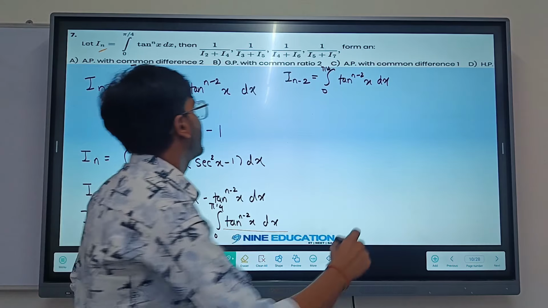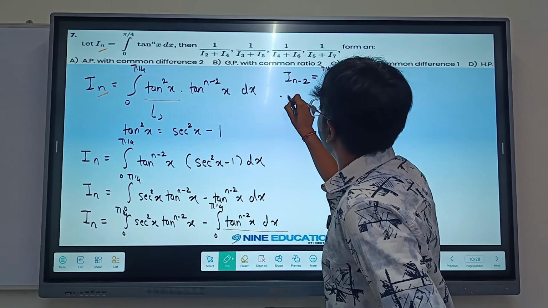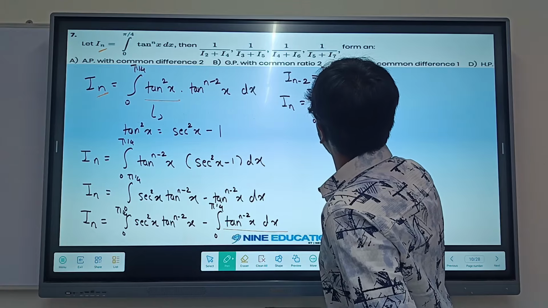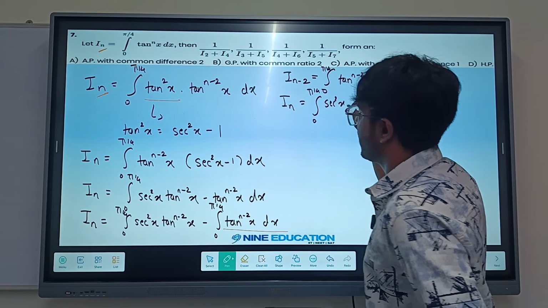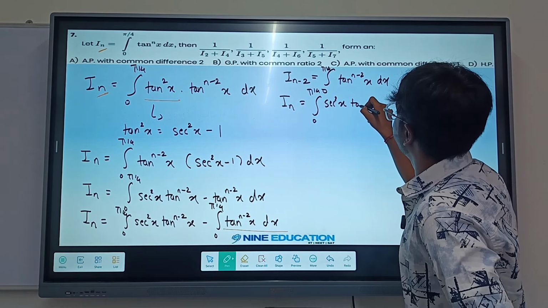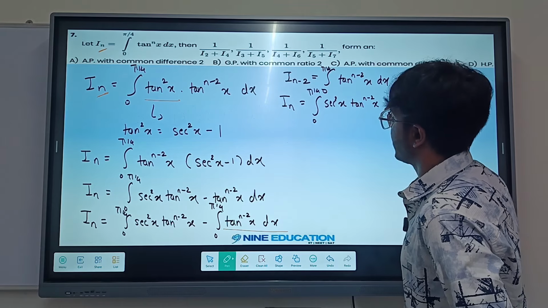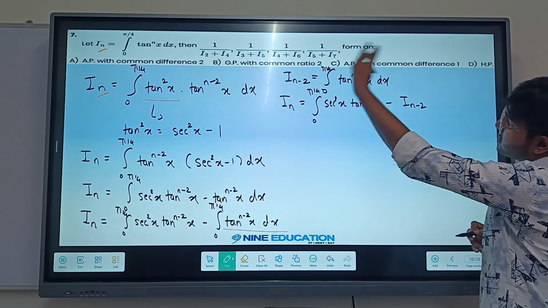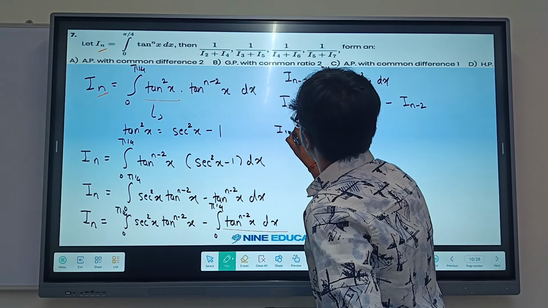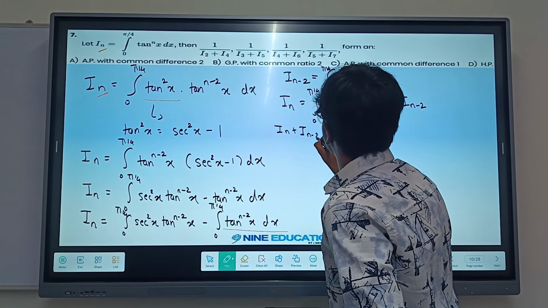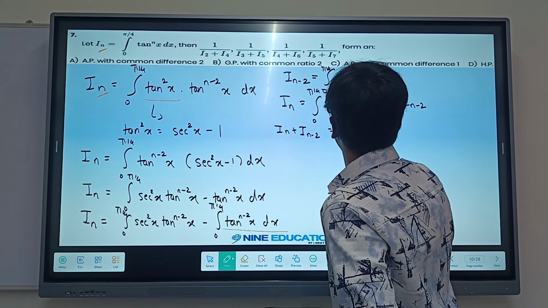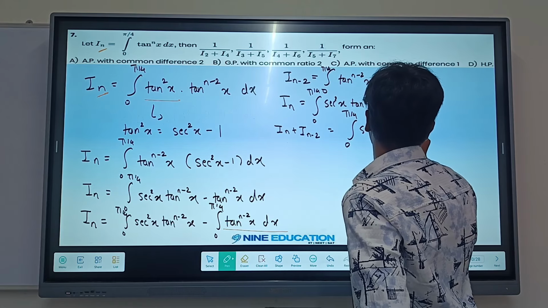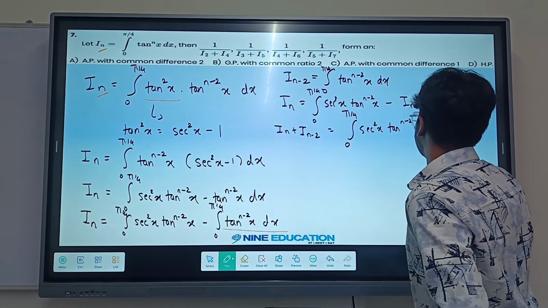So basically I can write it as In equal to the integral from 0 to pi by 4 of secant square x into tan power n minus 2 x, minus I(n minus 2). Let's take this I(n minus 2) here. In plus I(n minus 2) equals the integral from 0 to pi by 4 of secant square x into tan power n minus 2 x dx.